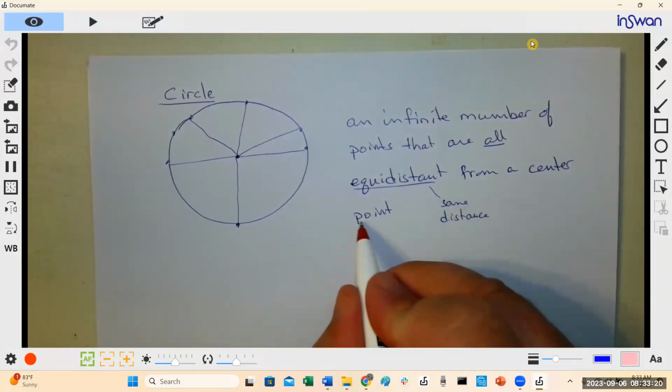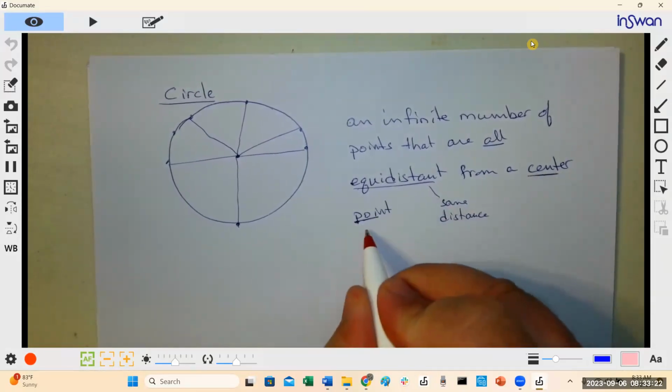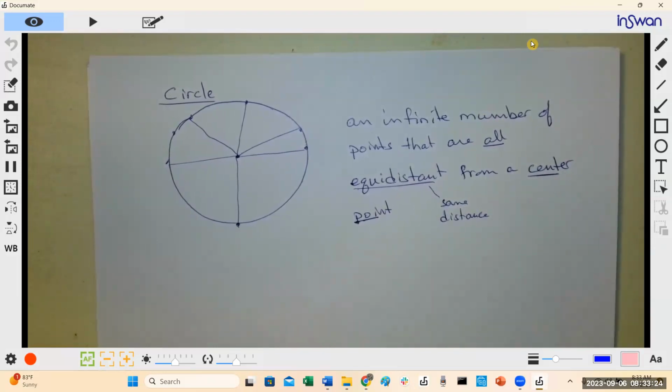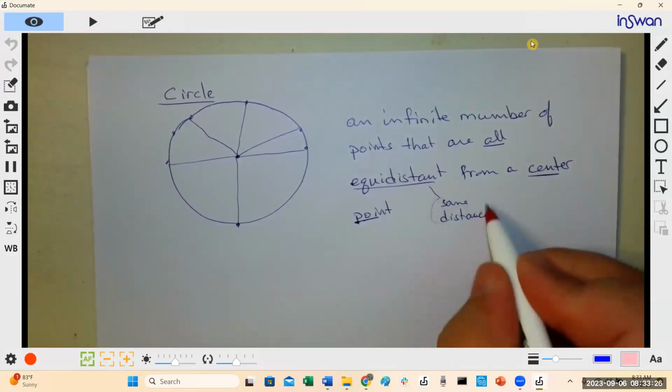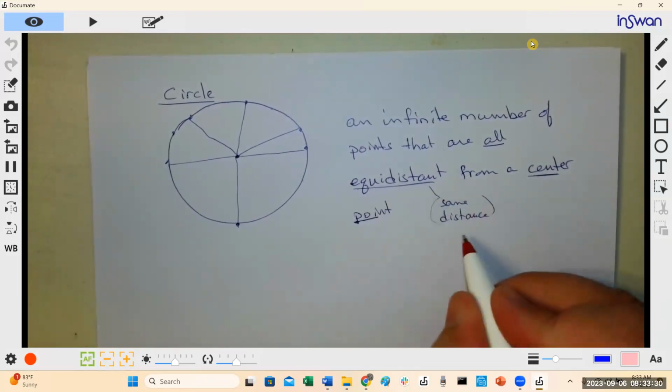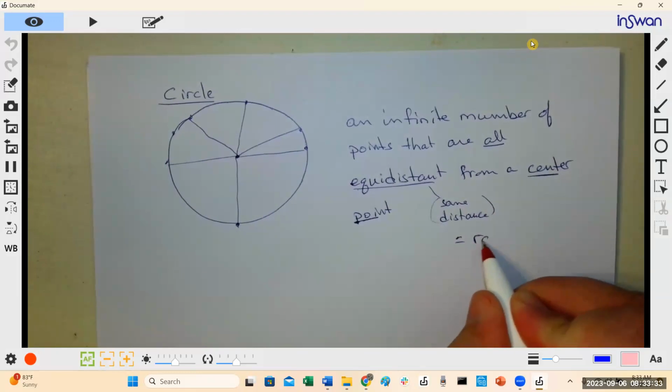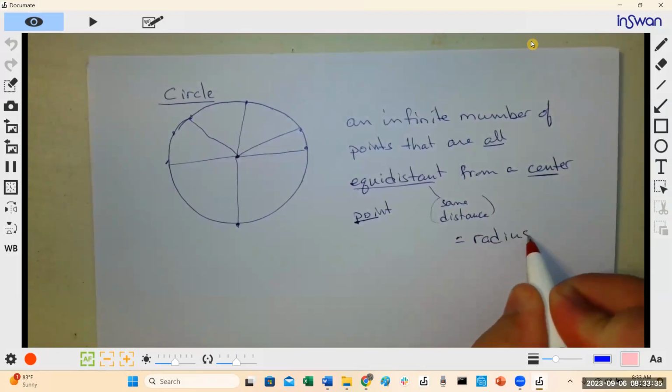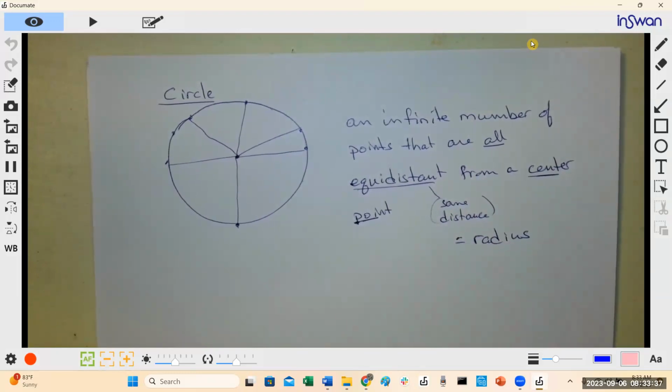So the equidistance, this equidistant is called the radius. It's like a spoke of a wheel. All right, so if you think about it, now we're dealing with distances, because that's the radius.